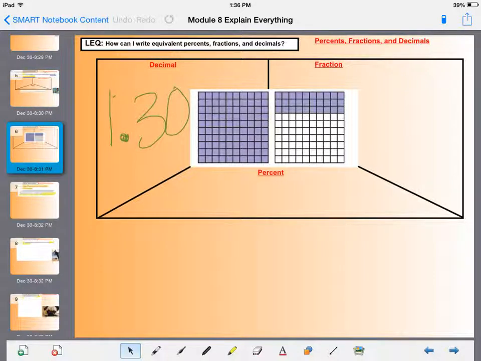As a fraction, this would be 1 and 30 hundredths, and we know that we can simplify this. We can use our trick by canceling out a 0 in the numerator and a 0 in the denominator. So the fraction in simplest form for this diagram would be 1 and 3/10.